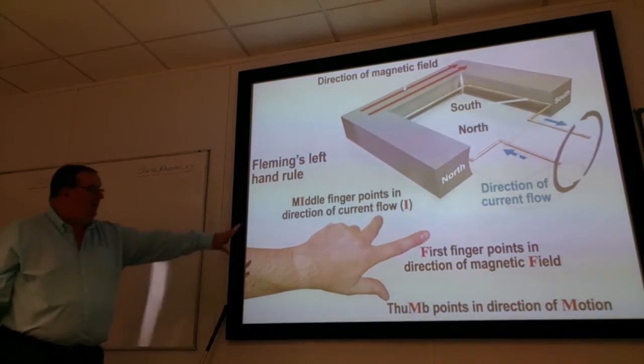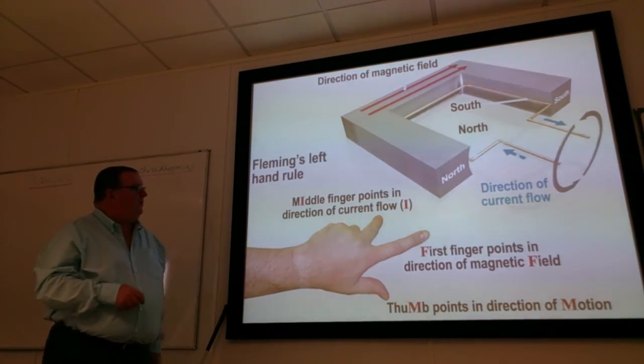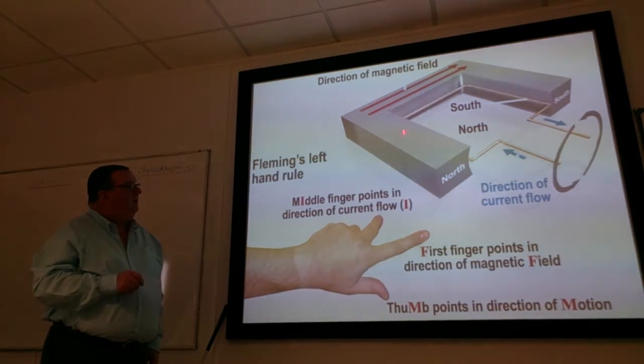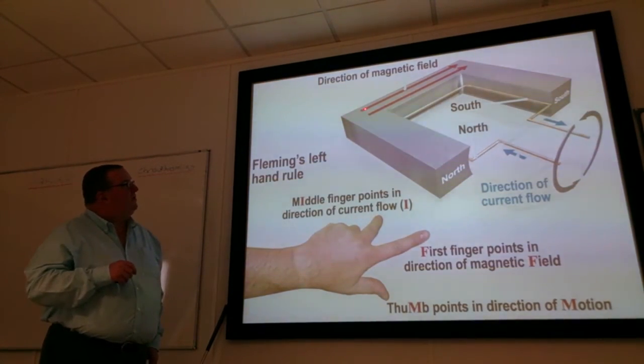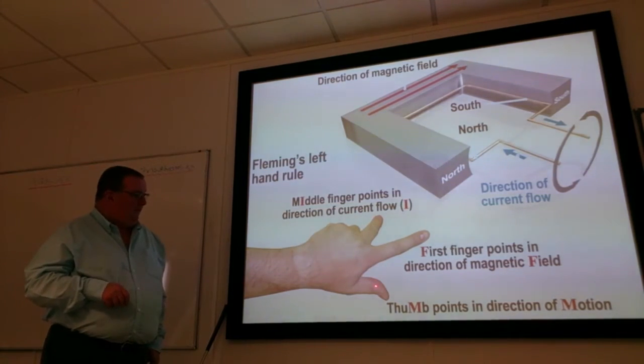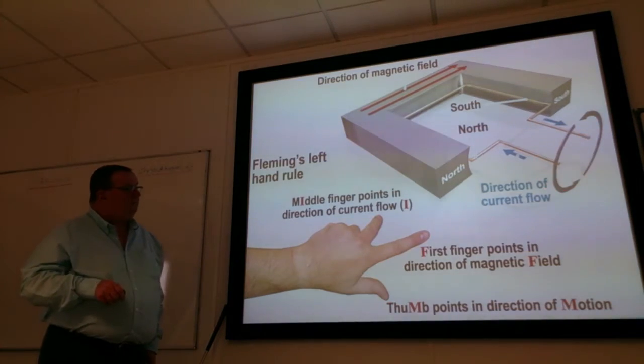Effectively what he's saying there is the middle finger points in the direction of the current flow around the conductor. The first finger points in the direction of the magnetic field, and the thumb points in the direction of the resulting motion.